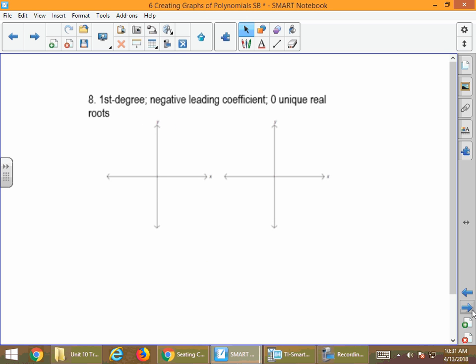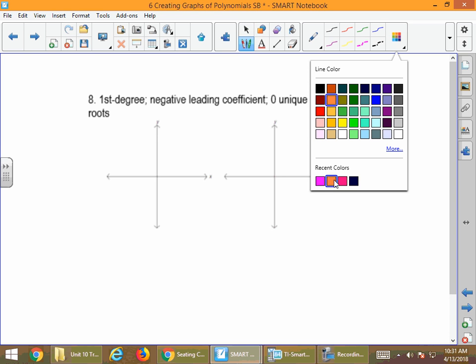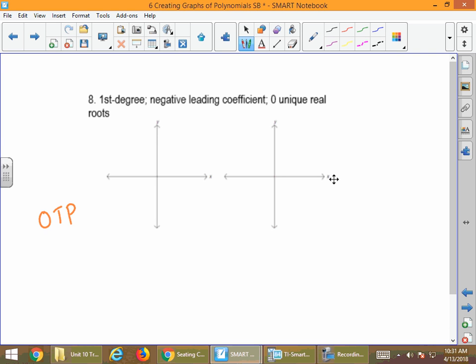first degree, negative leading coefficient, 0 unique real roots. Well, first degree function is a linear function. We have 0 turning points on this one. This is linear. And what originally I did is I drew it like this. And I don't know exactly what the equation of that line is, but it would be something like y equals -3. It's where the graph crosses the y-axis. So here's a place where we have an odd degree function that doesn't cross the x-axis.